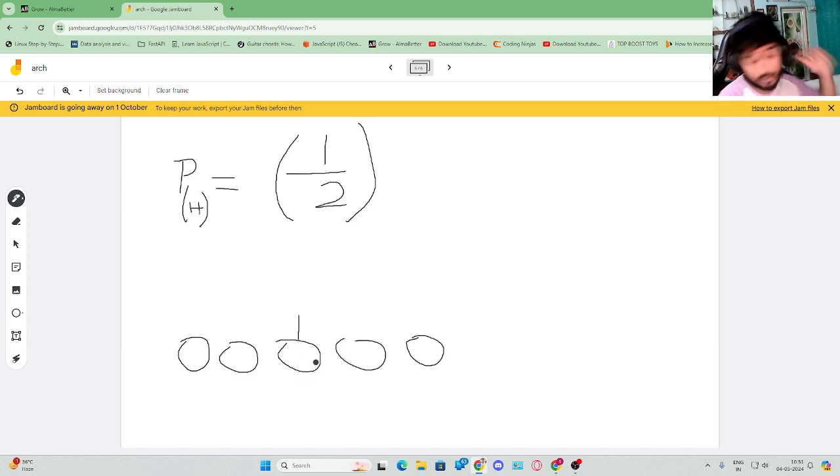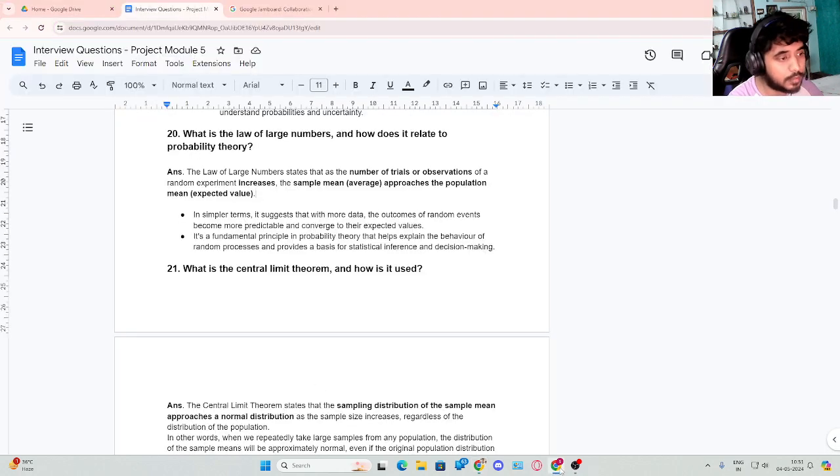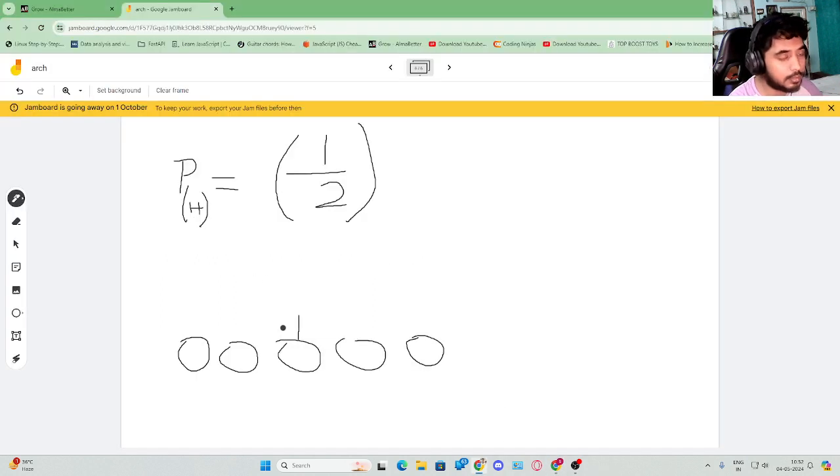If we take the mean of all the outcomes in the sample, we find that it approaches this expected value, and this happens only when we are doing a large number of trials.